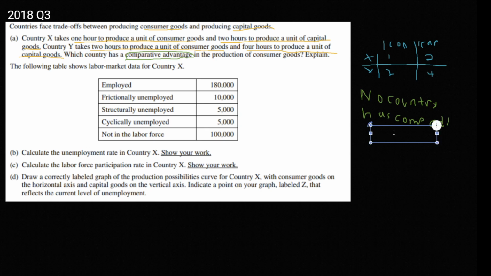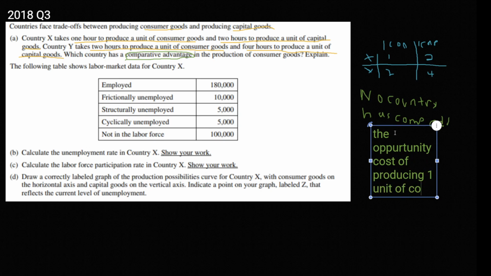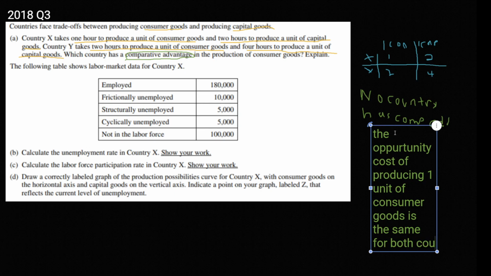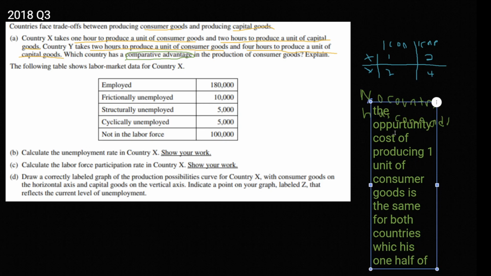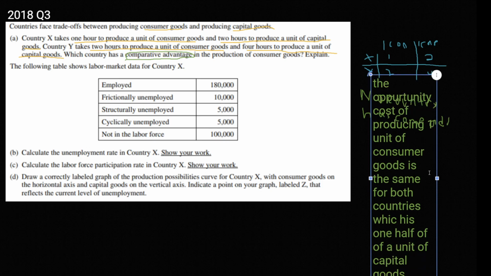So the opportunity cost of producing 1 unit of consumer goods is half of a unit of capital goods.